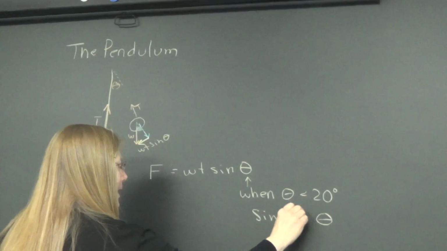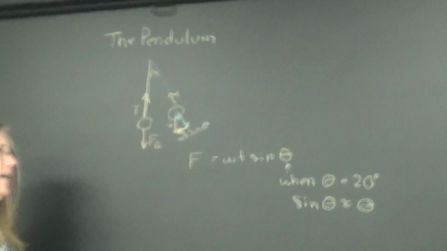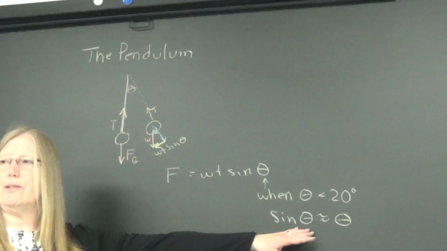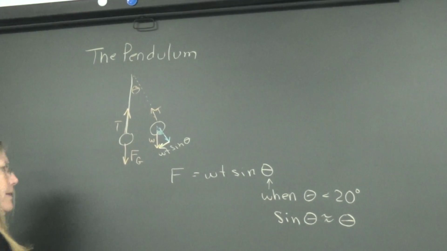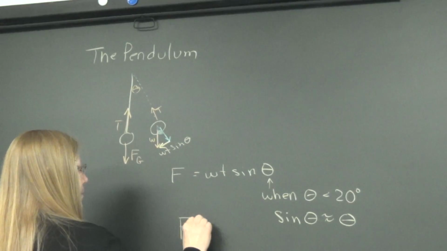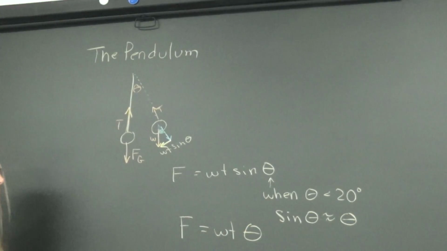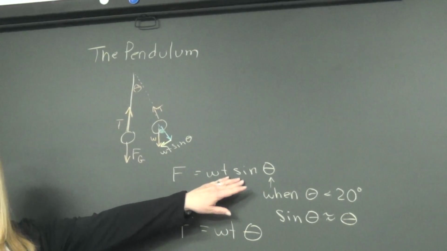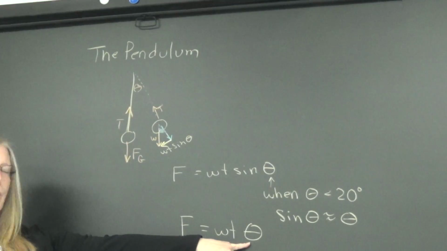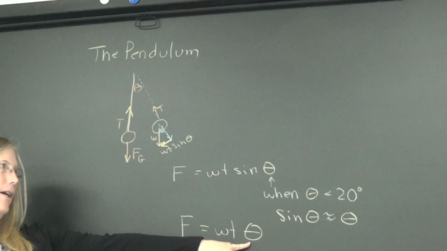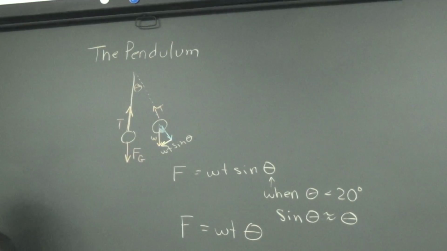So I'll put that little wavy equal sign. Have you ever seen that? It means approximately equal. So I can rewrite this force as weight theta. So notice I took sine theta and I boldly and liberally called it theta instead of sine theta.